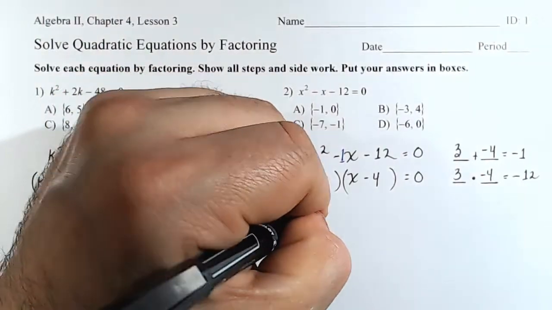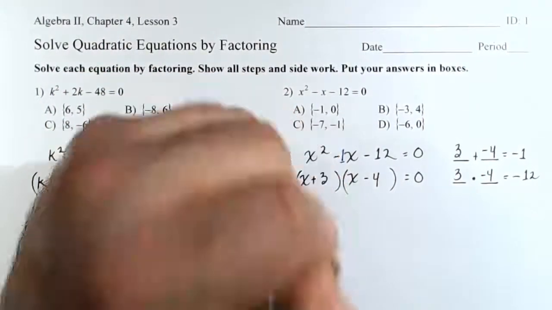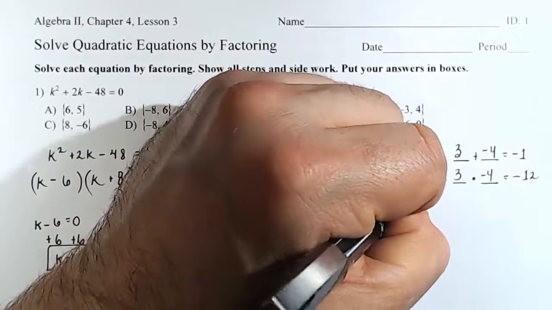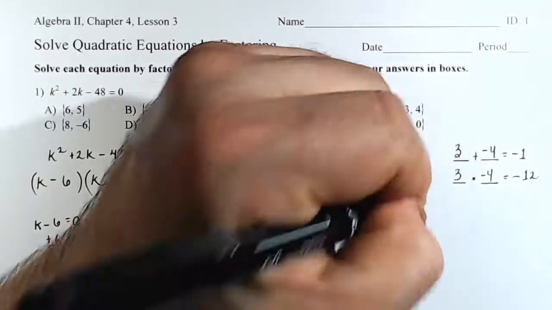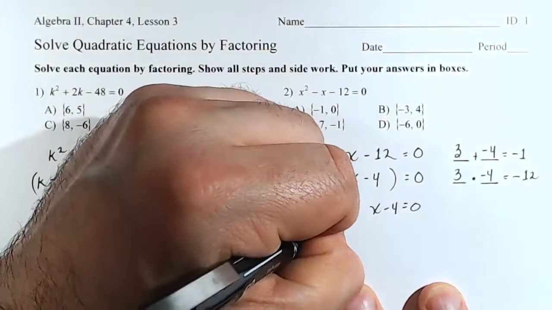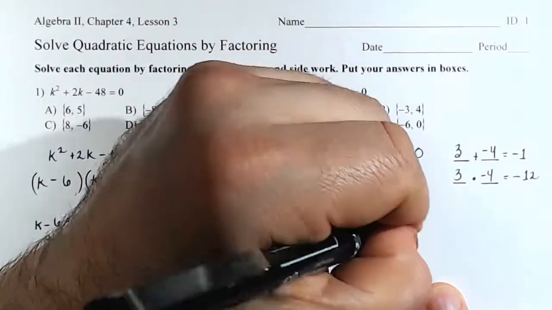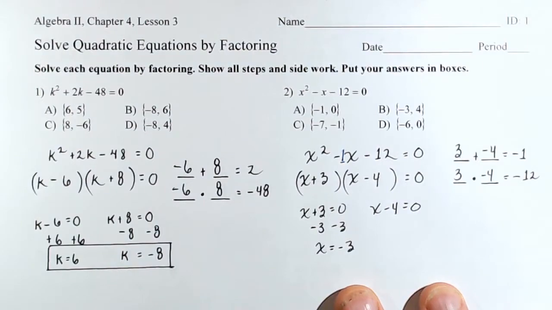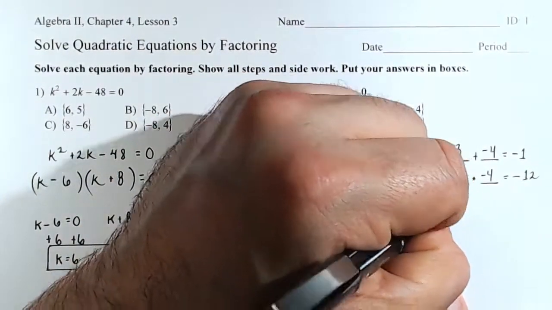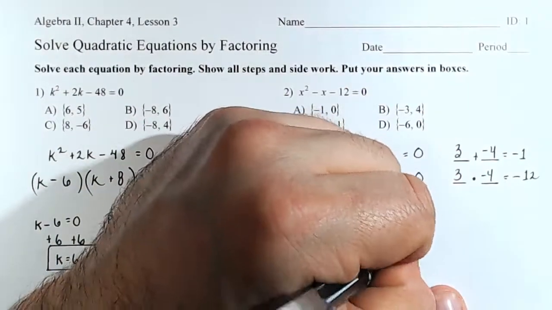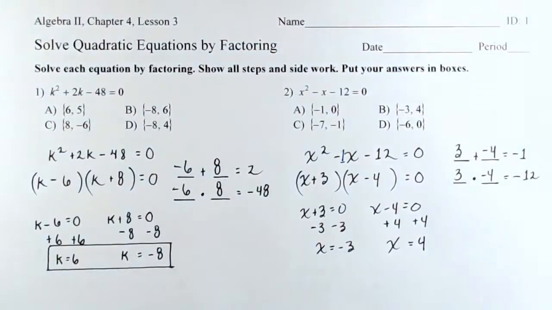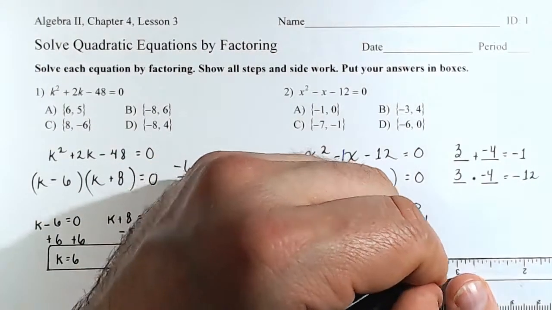Now we set x plus 3 equal to 0 and x minus 4 equal to 0. I'll subtract 3 on both sides and get x equals negative 3, and that's one of my solutions. For the other, I'll add 4 on both sides to get x by itself, and now x equals 4. So our two solutions here are x equals negative 3 and x equals 4.